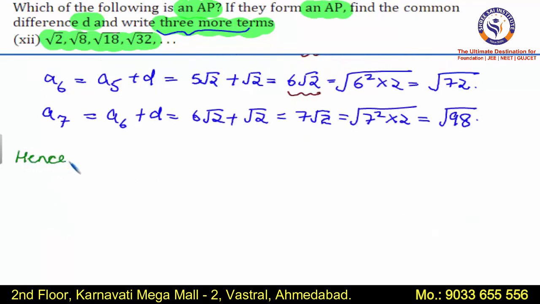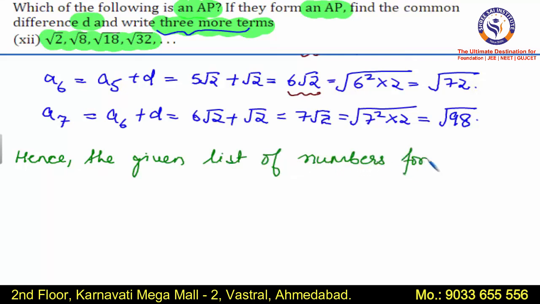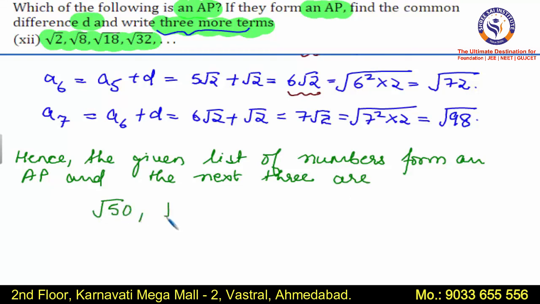Hence we can say the given list of numbers forms an AP and the next three terms, that is the 5th, 6th and the 7th terms are root over 50, root over 72 and root over 98. So this completes the solution.